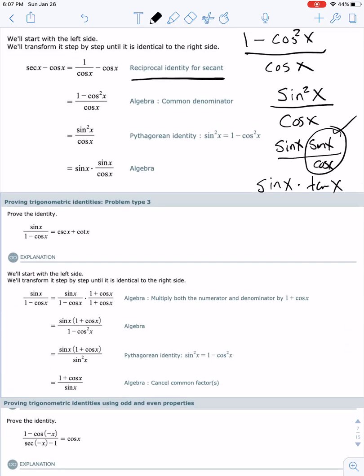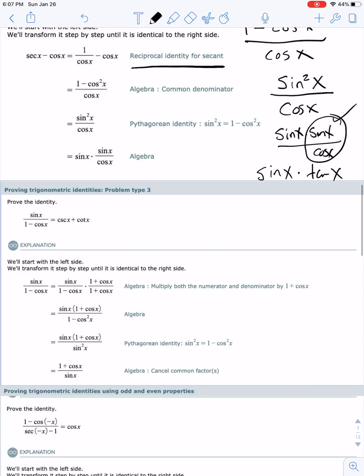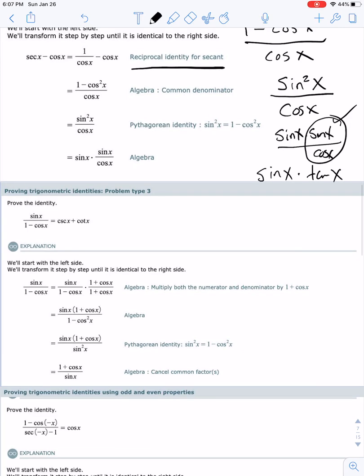Okay, so on this next one, prove the identity. I don't have anything I can rewrite in terms of sine and cosine. I don't have anything squared to substitute. I don't have anything that I can factor. So remember I talked about it up here: when you have this 1 minus cosine x, consider multiplying by the opposite of that to see if it helps you out.